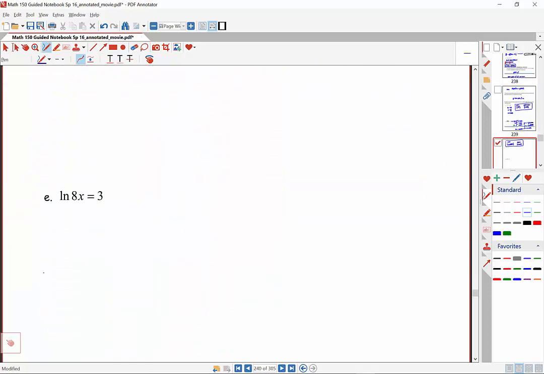Next one, natural log of 8x is 3. So what do you think? This is true if and only if, what's the base of the natural log? Good, it's e. A logarithm is an exponent, so the 3 goes up here as the exponent on e, and that's equal to 8x, right? So x will equal e cubed over 8.